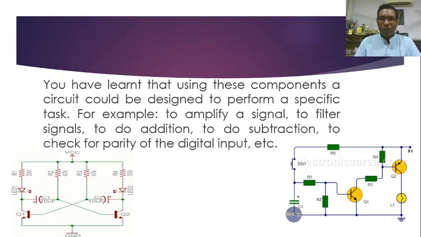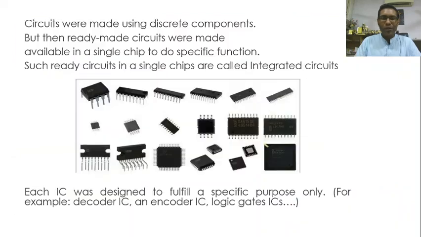Now many commonly used such circuits were made available in a ready-made form in integrated circuits, in ICs. So you have an IC which was there for a specific purpose only.